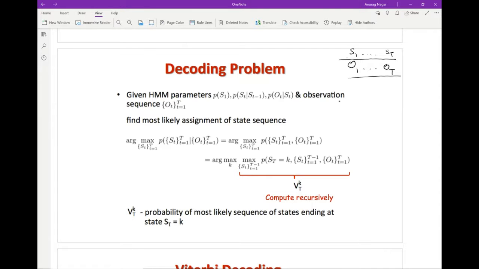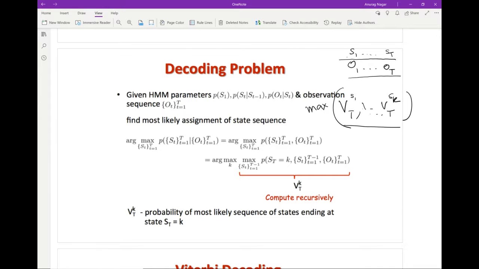Now we are going to define something like previously, VT and state. So VT state 1 all the way up to VT state K. We're going to define something like this, and instead of the sum, we'll take the max of this. So take the max, and it will tell you which state it is most likely to be in.